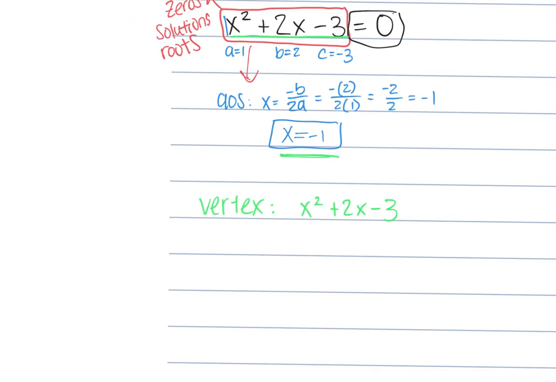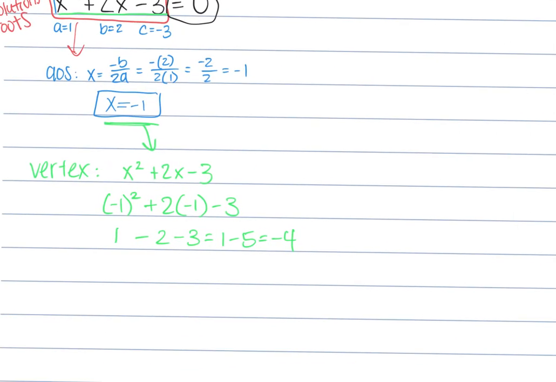And then I'm plugging in negative 1 wherever I see an x. So we've got negative 1, we're going to square it, we're going to add 2 times negative 1, and then we're going to subtract 3. Negative 1 squared is positive 1. Positive 2 times negative 1 is going to be negative 2, minus 3. We're going to get 1 minus 5, which is negative 4.